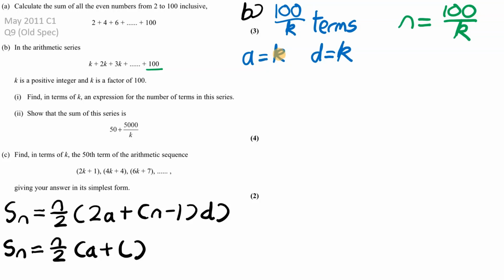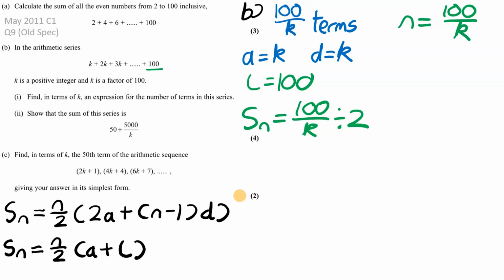because we can say that a is equal to k, and we can say that l is equal to 100, which is the last term. So we can say that Sn is equal to n over 2, so n is 100 over k, so as it's n over 2, we're going to say it's 100 over k divided by 2, like this here, and then a, which is k, plus l, which is 100.